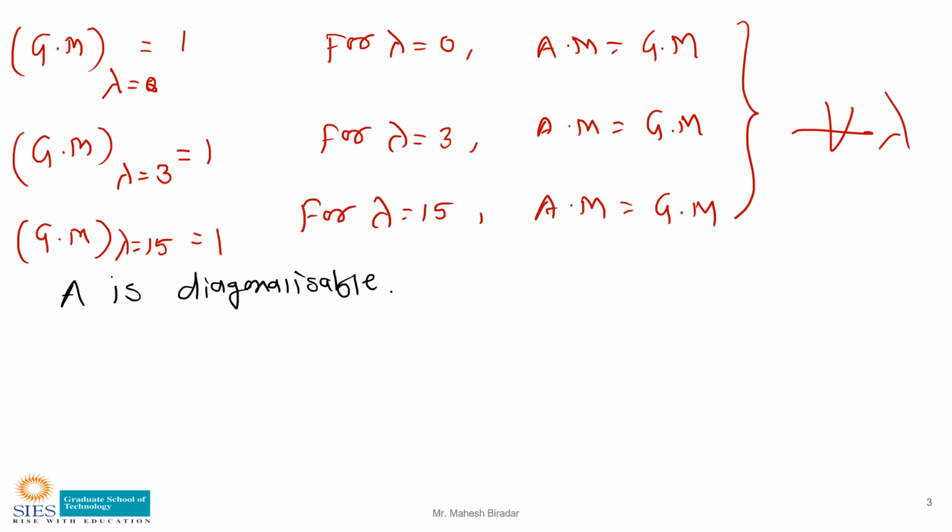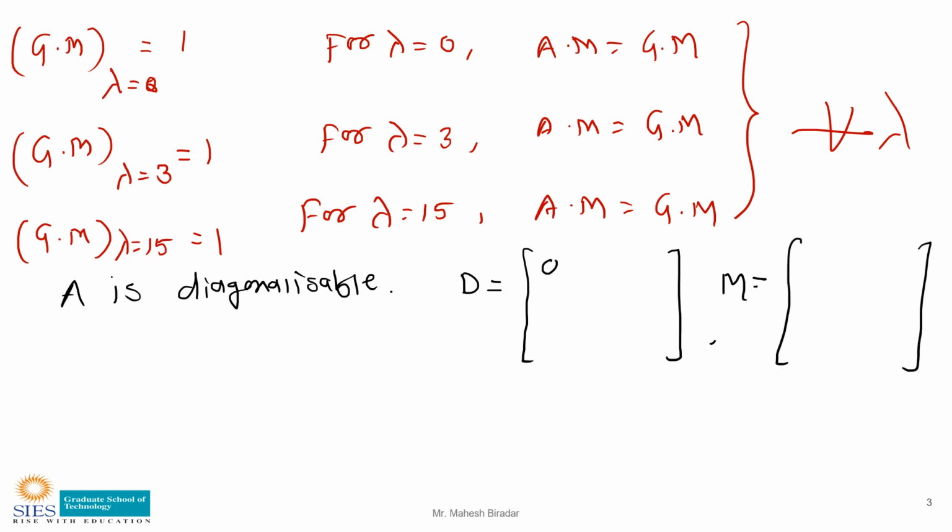We know that if a matrix is diagonalizable, we can find D and M. What is D? D is a diagonal matrix whose diagonal elements are the eigenvalues of A. The first eigenvalue is 0, the second is 3 and the third is 15.